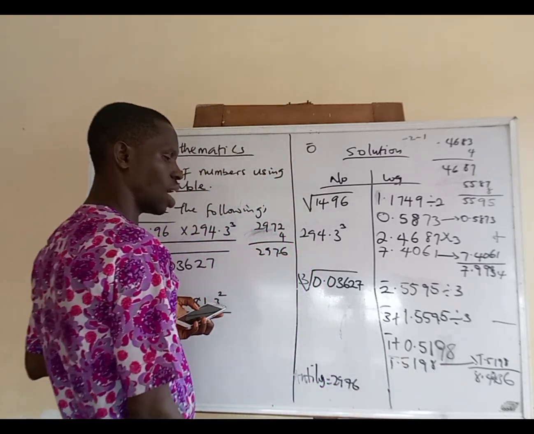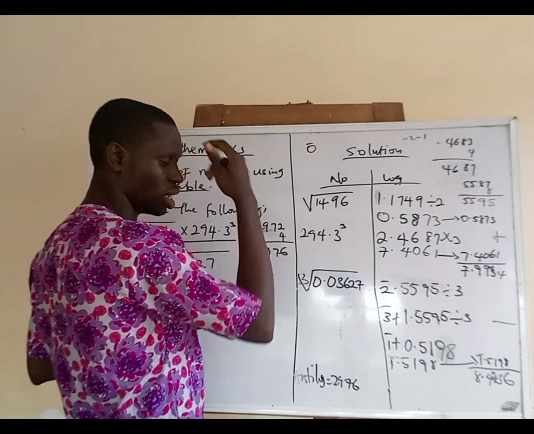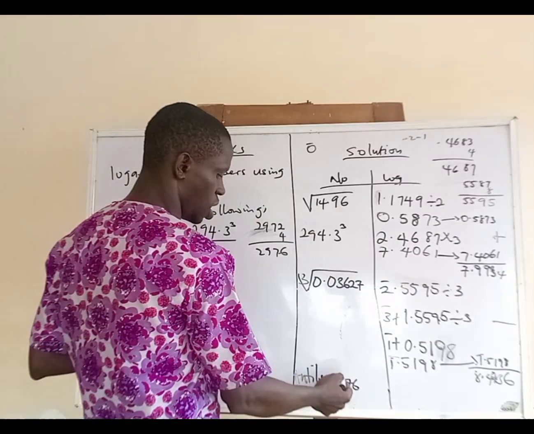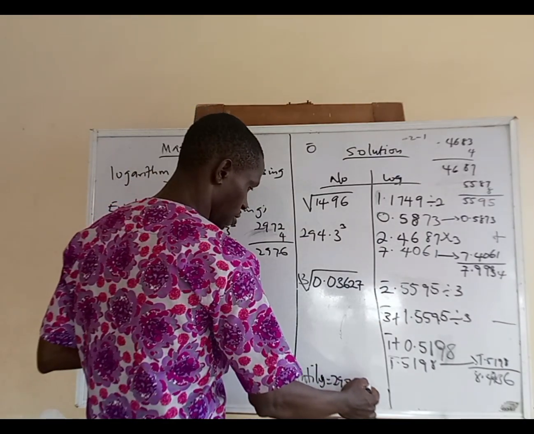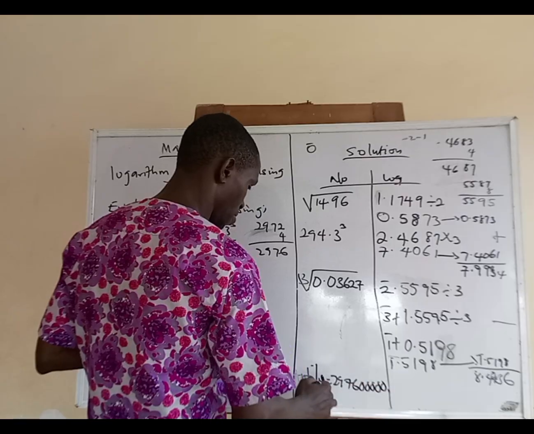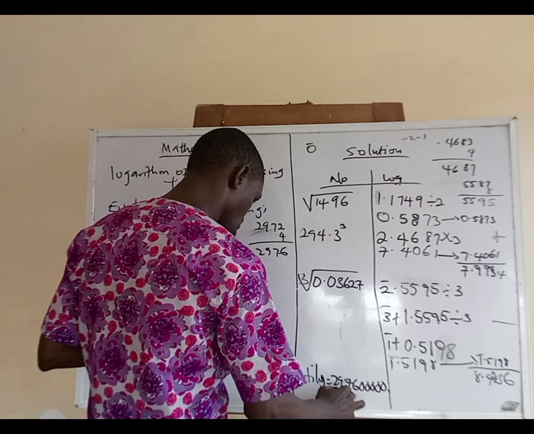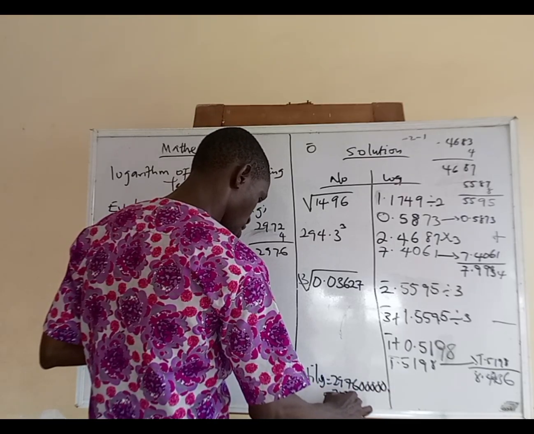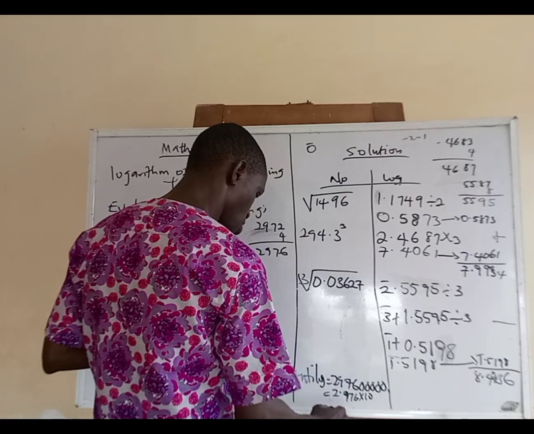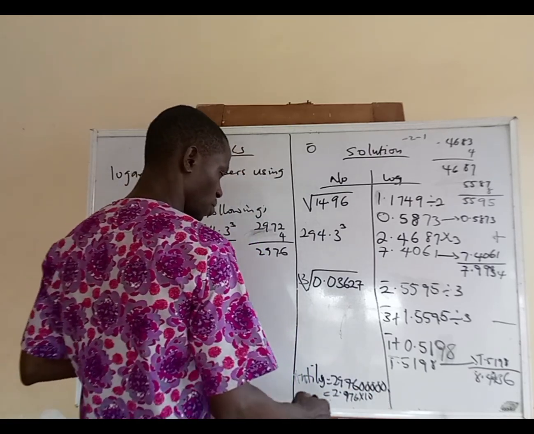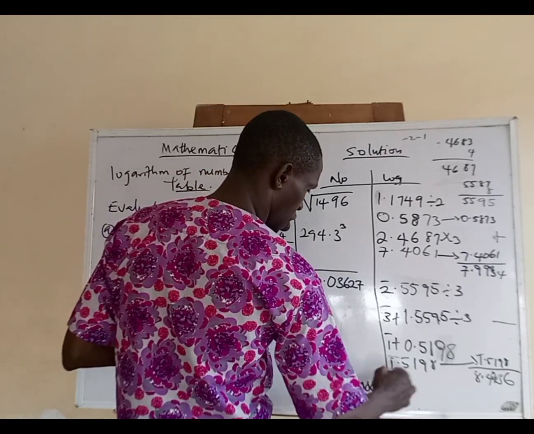8. Abi? So you had 1 to make it 9. Your point is here 1, 2, 3, 4, 5, 6, 7, 8, 9. So your answer is 2, 9, 7, 6 times 10 raised to power what? 10 raised to power 8.